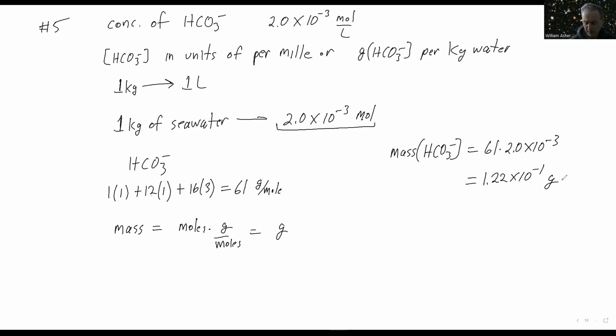So in terms of per mil, it is 0.122 parts per thousand, right? Now, is this answer strictly correct? No, because we only know the concentration to two significant digits, so it really should be 0.12. Okay, that's how you do 5. Hopefully that's clear.